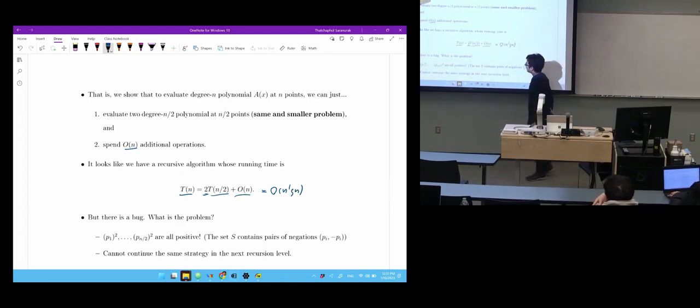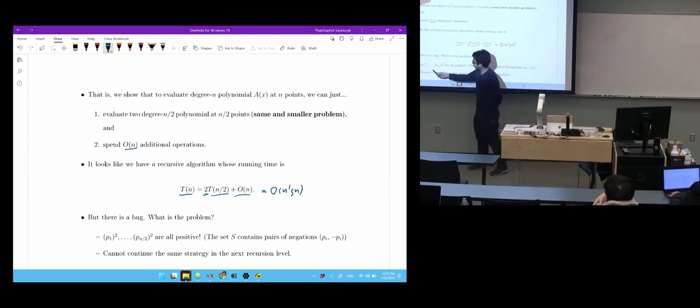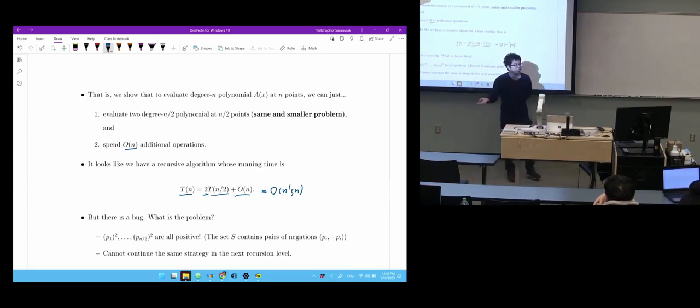So the problem is that this set of points that you want to evaluate A even and A odd on, they are all positive numbers, right?